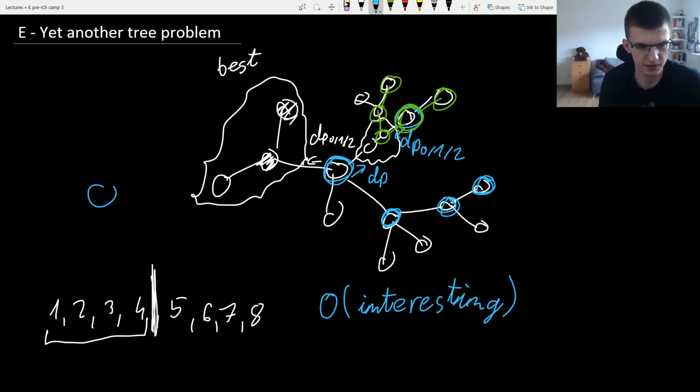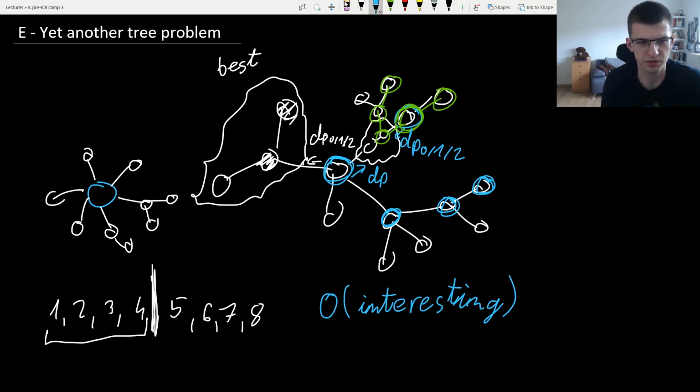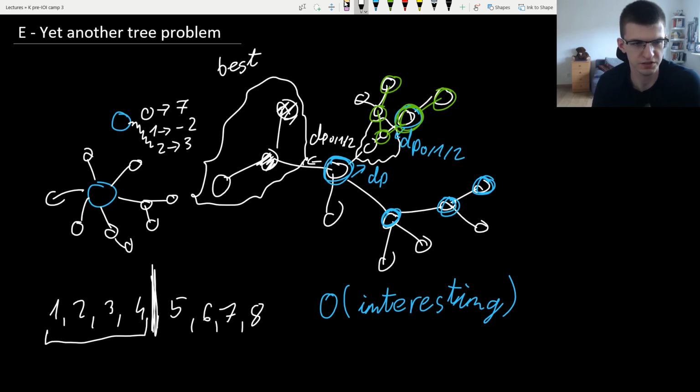If there is a very interesting vertex here and it has a lot of neighbors, you need to compress them into one thing. Just remember that there is a blue vertex and there is a path that grows out of this vertex. The best one with 0 marked vertices has length 7, with 1 marked vertex it has length -2, and with 2 or more it has length 3, something like that. Actually this should be decreasing, but whatever.